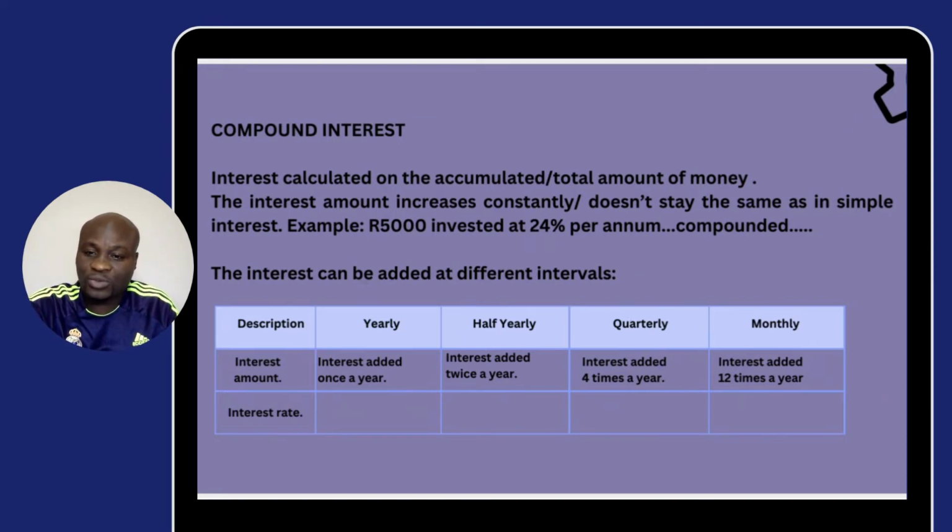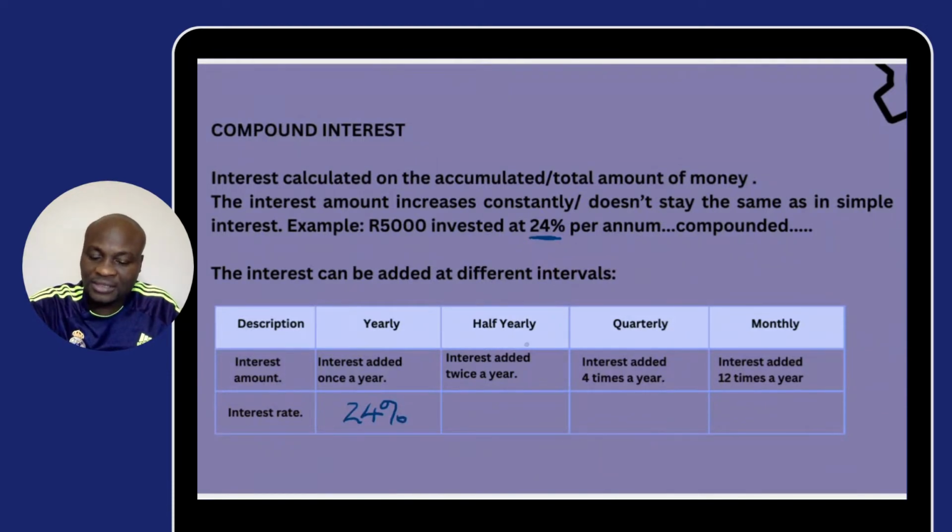One thing that you need to understand with the way that we do compound interest in mathematical literacy is that it is the interest rate that is affected. So if we are compounding it once a year, it means that we do the 24% once in a year.